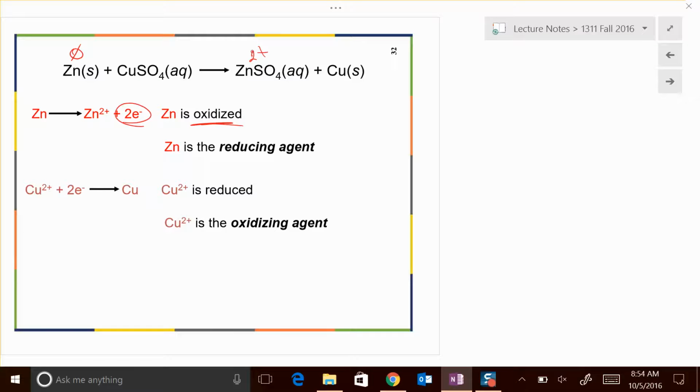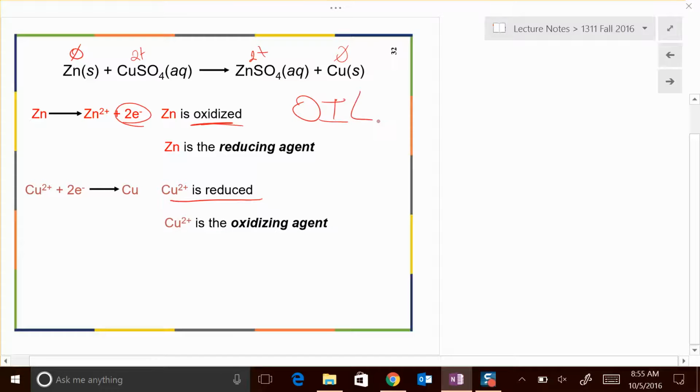The copper is at copper 2 plus, and it goes to copper solid at a 0 charge. Okay? So copper 2 plus to copper. So that is reduced. Zinc is oxidized because it loses electrons.